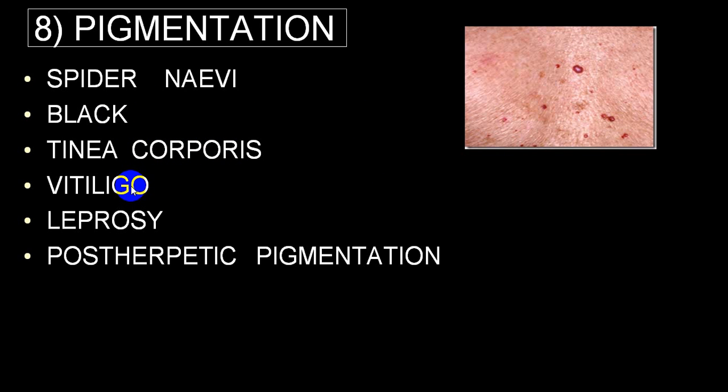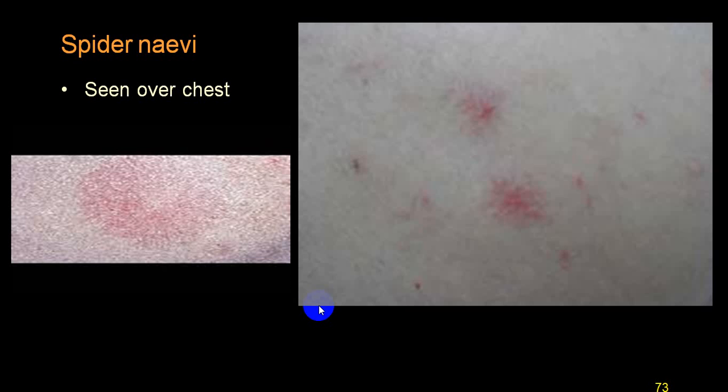You can have hypopigmented skin patches called vitiligo, and also hypopigmentation in case of leprosy, associated with loss of sensation. Occasionally you can come across post-herpetic pigmentation all along the intercostal space, unilateral, very classical.